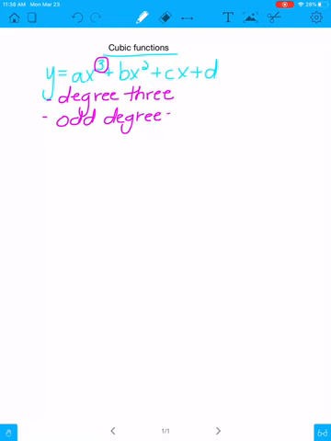And what does odd degree tell us? That it ends in opposite directions. So if one arm is up on the left, the other arm is down on the right. If one arm is down on the right, the other arm is up on the left. Okay, so degree 3, odd degree.